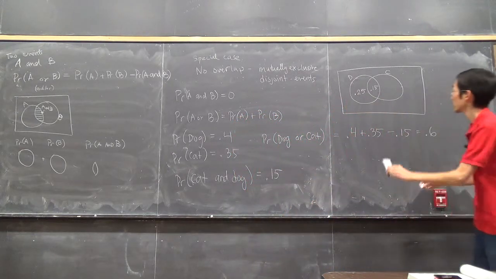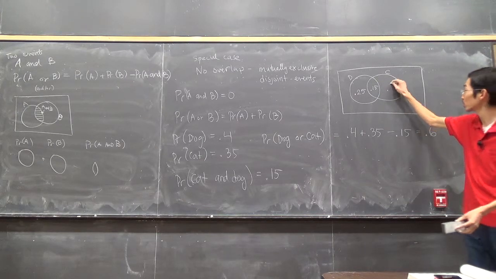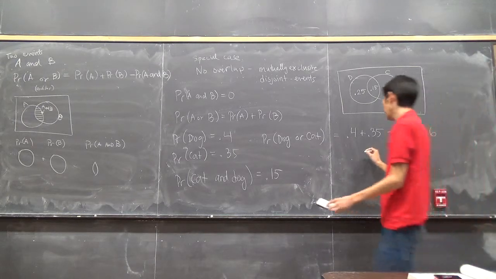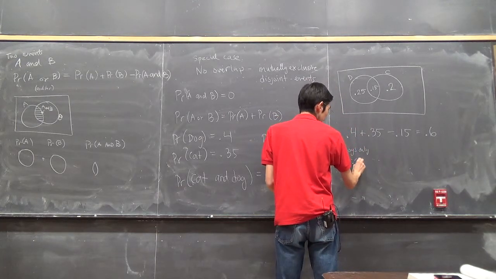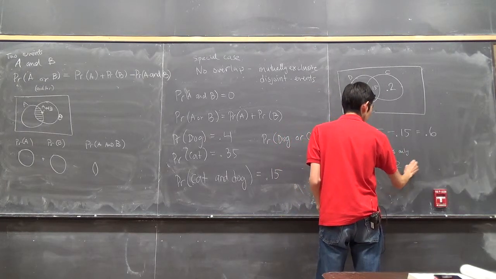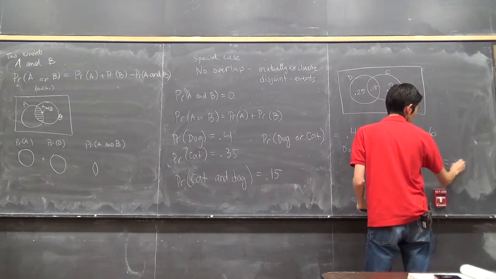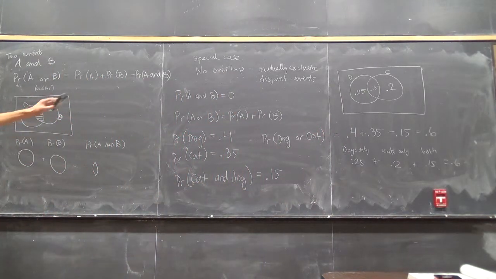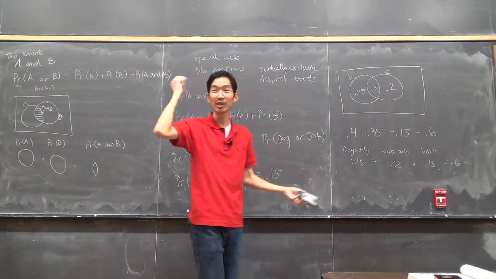And if this entire circle for cat is 0.35, I have 0.2 right here. So another way I could get this answer would be dogs only, which would be 0.25, plus cats only, which would be 0.2, plus has both, which would be 0.15, and that would also give us 0.6. But I think getting the 0.25 and the 0.2 required some extra steps in our head.